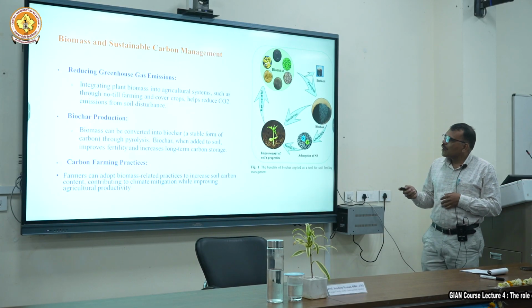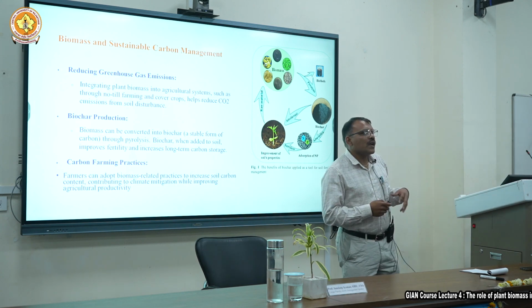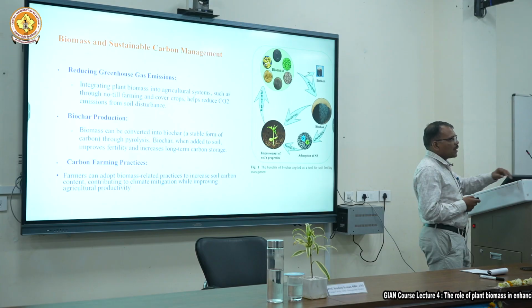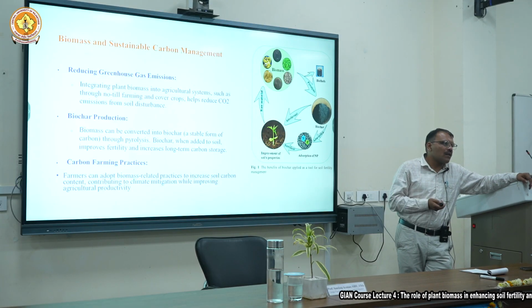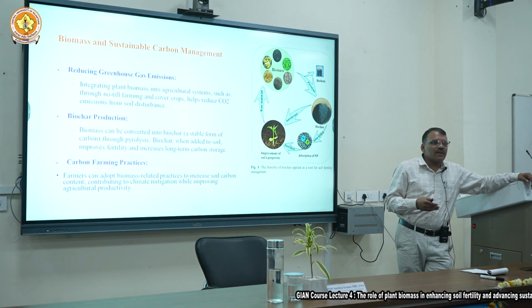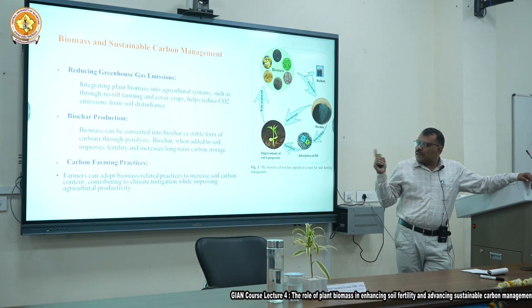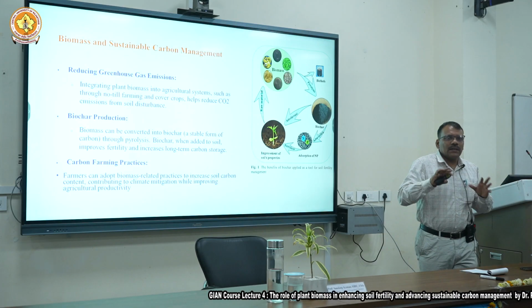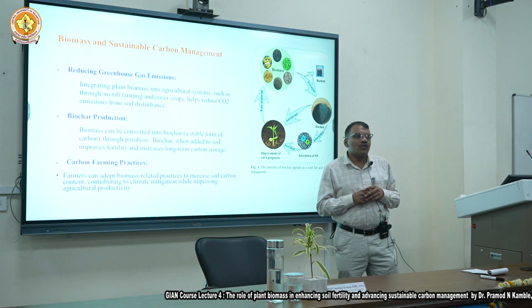The next is biochar production. Everyone is talking about biochar. We burn the biomass through pyrolysis, and during that process also some amount of gases or nitrogen compounds are emitted into the atmosphere. But it has a very significant value in maintaining the fertility of soil.